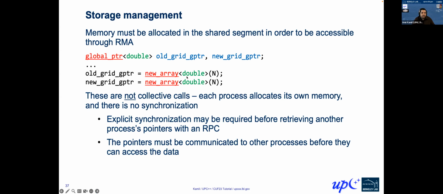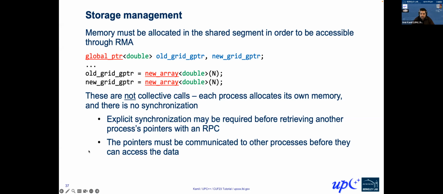It's parameterized by the element type, in this case doubles, and then we give it the number of elements that we want. This does an allocation in shared memory, and gives us back a global pointer referencing that newly allocated memory. In this case, the global pointer happens to point to something on the same process, but it is located in the shared segment of that process.